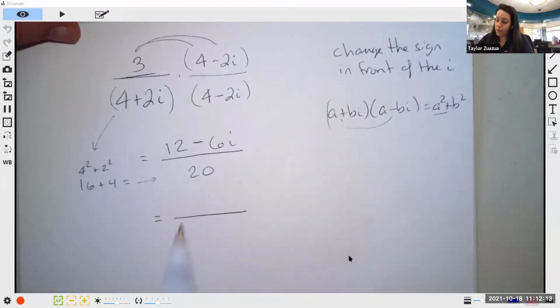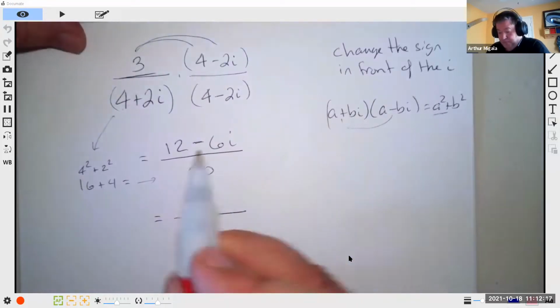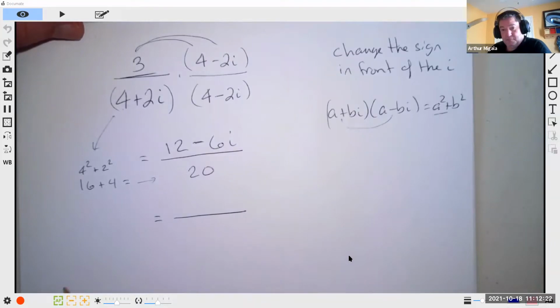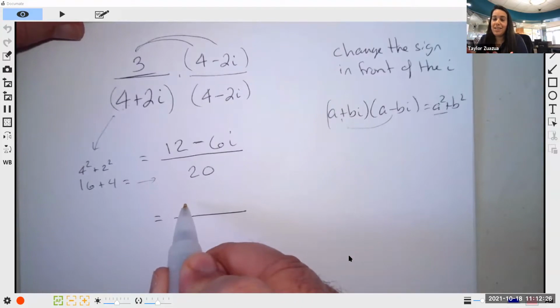Sorry. So on top, since all these numbers are even, they have to have something in common. What do 12 and 6 have in common? 6.